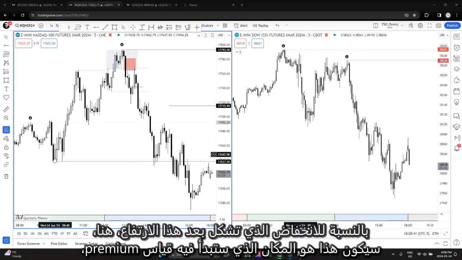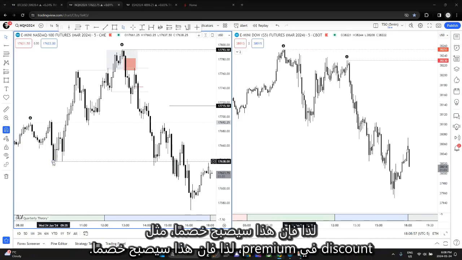So the low that formed after this high, right here, this would be where you would begin to measure your premium and discount. So this would become discount.